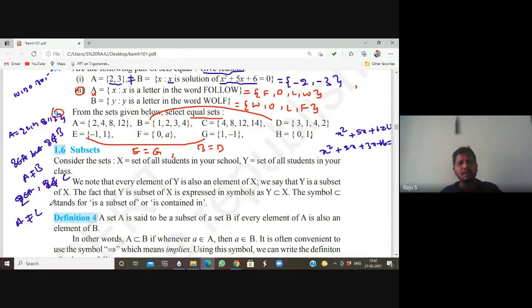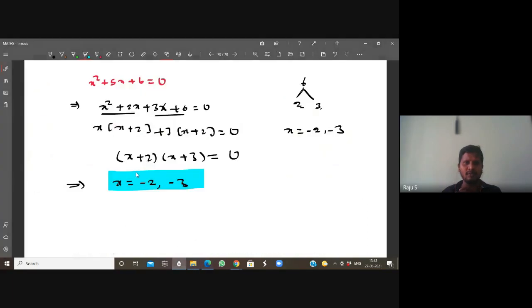If they give it for 3 marks, try to explain like this. We cannot write directly here. In objective, we can write E is equal to G, B is equal to D. That's all. But in other cases, after completion of A, you can take B. B is 1, 2, 3, 4. P you can take as 1, 2, 3, 4.